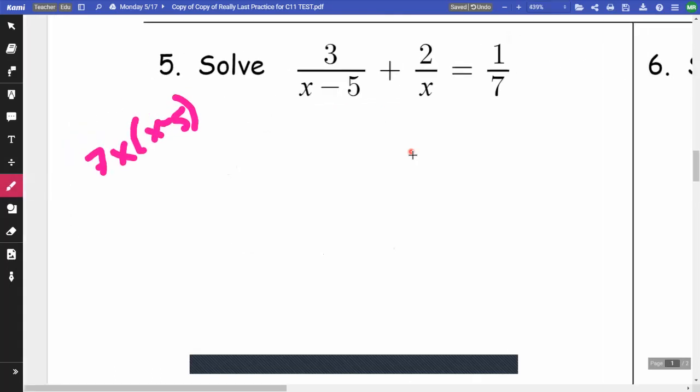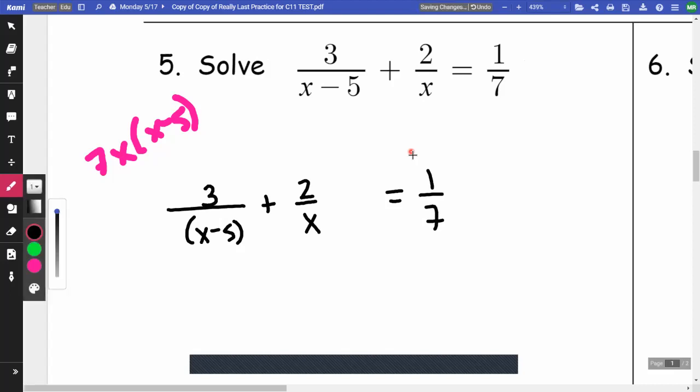Okay, so I'm going to have 3 over x minus 5, and I'm going to give myself some space in the front. 2 over x, I'm going to give some space in the back, and 1 over 7. And so everything is going to be multiplied by the 7x times x minus 5.